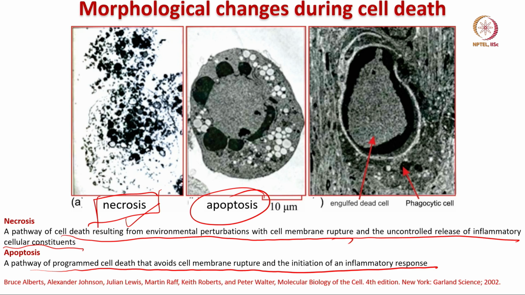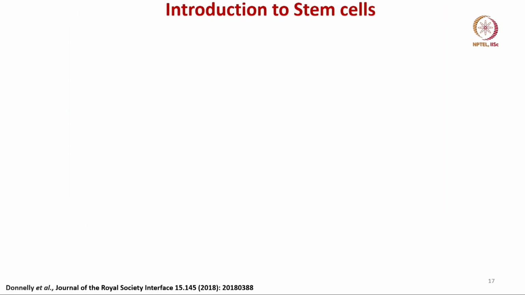That is why it is called apoptosis. Apoptosis is a Greek word meaning falling tree leaves, like leaves falling from a tree in a specific season. Similarly, this Greek word is used to explain the cell death process.